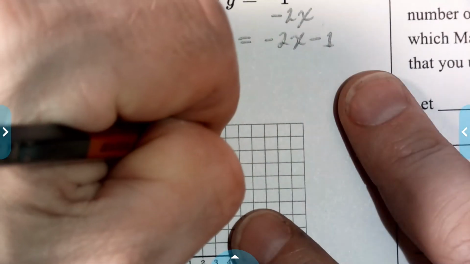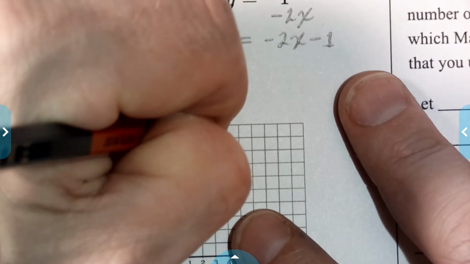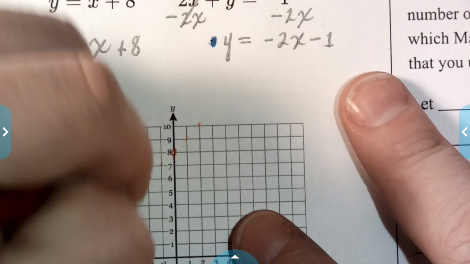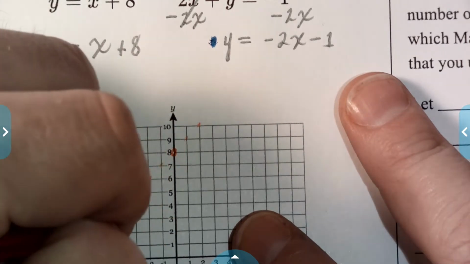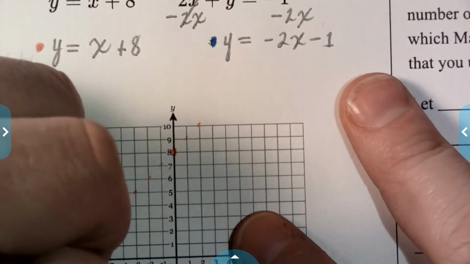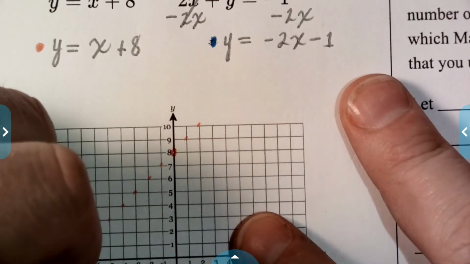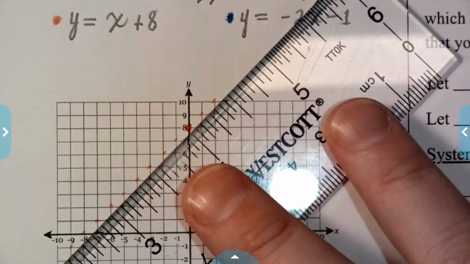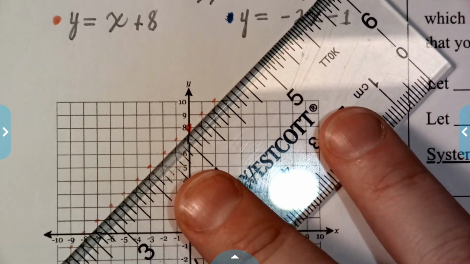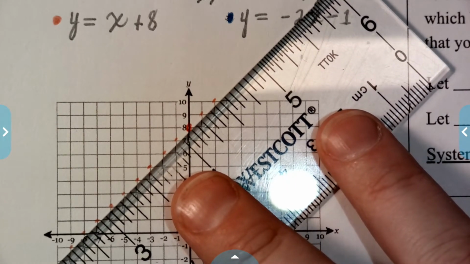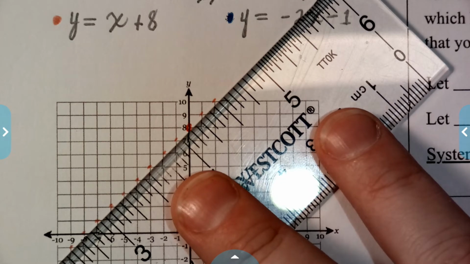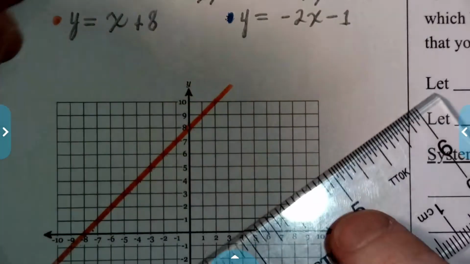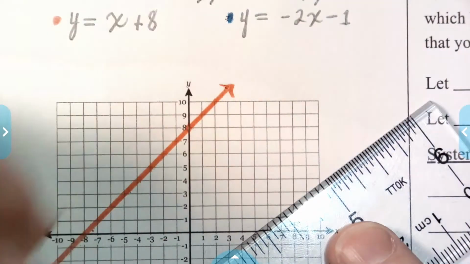So I can just make these diagonal boxes because I'm just going up 1 over 1, right? So it's a 45-degree line, pretty simple to graph. Okay, so there's the red line graphed.